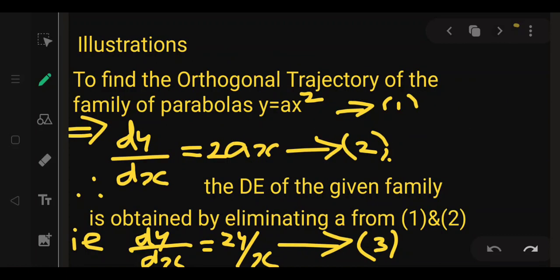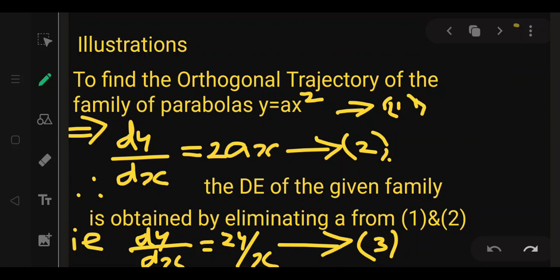Now, as an illustration, first we find the orthogonal trajectory of the family of parabolas y is equal to ax square. For that, we take y equal to ax square as equation 1.